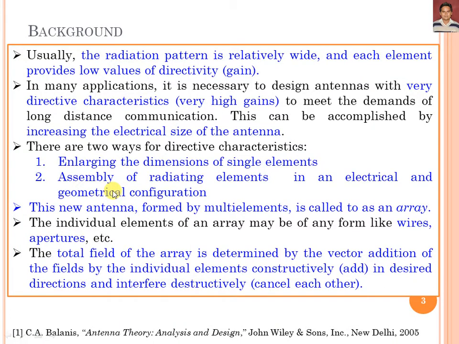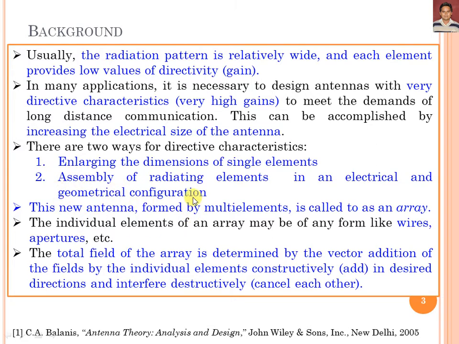Or we can put various small antennas in a configuration like a log periodic antenna or a Yagi-Uda antenna. In that case we enhance the electrical size as well as the geometrical configuration.